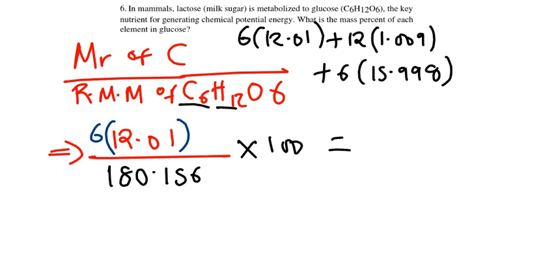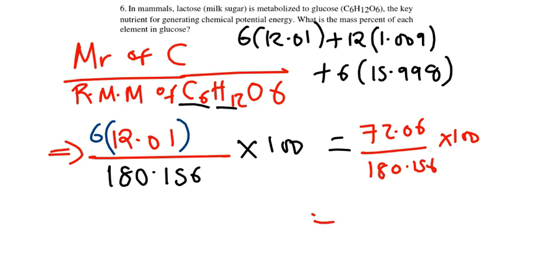Now, determining its percentage, that's 72.06 over 180.156 times 100. So multiply by 100, and that's going to give us 39.9.